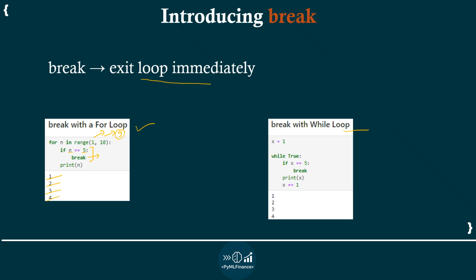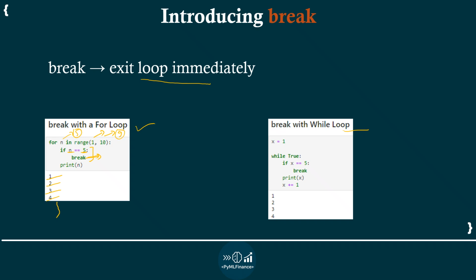When the value of n becomes 5, the condition is checked, and if n is equal to 5, this condition becomes true. So the break statement will run here and the loop stops immediately. You can see that numbers above 5 are never processed.